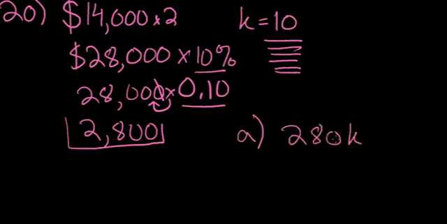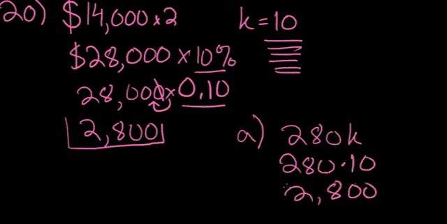Now, what a lot of students do here is they mistake this K for 0.10 and see that, oh, it's 28. No, it's wrong, and they cross it off. Well, no, you don't cross it off. K is equal to 10, so it's 280 times 10, so it's 2,800, which is, in fact, the commission that he receives. So our correct answer is choice A.